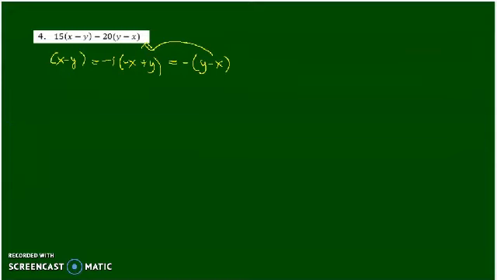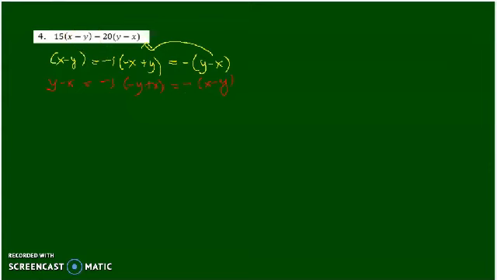Next, for y minus x, again, factor out negative 1 and then divide. So y divided by negative 1 is negative y. Negative x divided by negative 1 is positive x. Or, that is negative 1 times x minus y, which is similar to that.